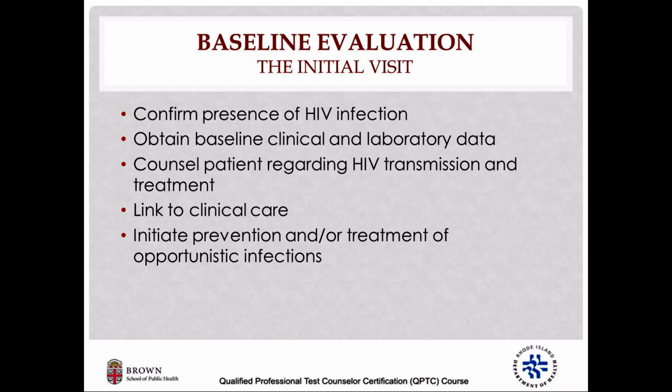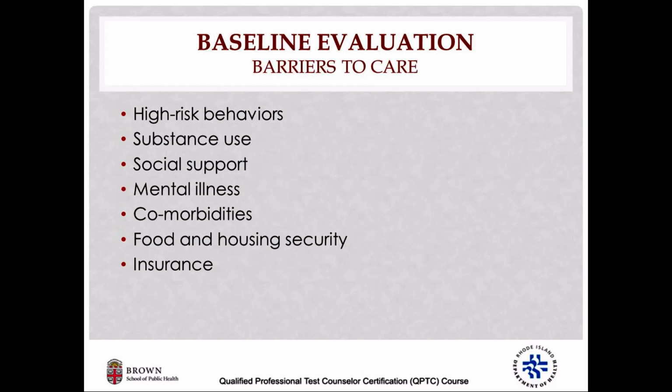When people are then linked to an HIV care provider, they will have an intake visit where a number of different assessments will be performed. This includes a whole lot of counseling and education. We'll often do a whole bunch of baseline clinical and laboratory data. We'll ask patients to fill out a number of forms, etc. And then we'll talk about different barriers to care.